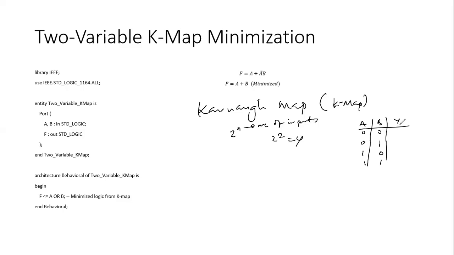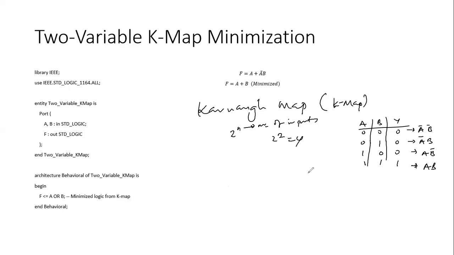And the output here will be 0, 0, 0, 1. So this is equivalent to A bar B bar. Then this is equivalent to A bar B. Then this is equivalent to A B bar. And this is equivalent to AB.